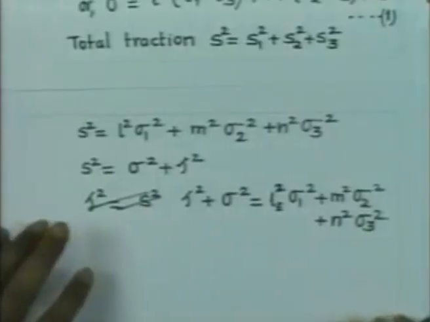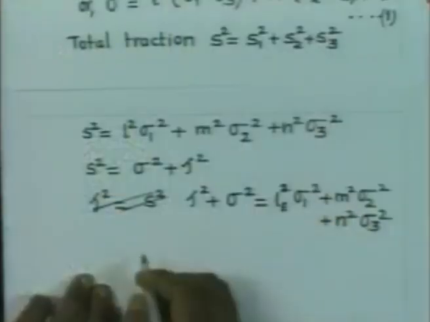Again, we would like to substitute the n square in terms of 1 minus L square minus m square.